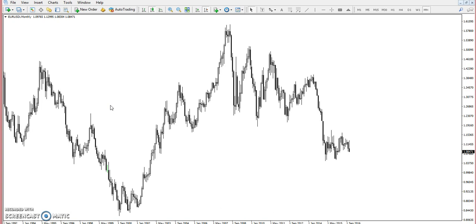Okay, so basically I don't even know what to name this little method. It's just something that I do, and it helps me a lot. It helped me last week with USD JPY. Everyone was saying it was going to sell, and I'm the only one saying it's going to buy, due to this little method.